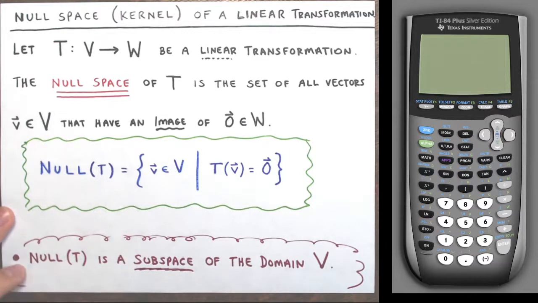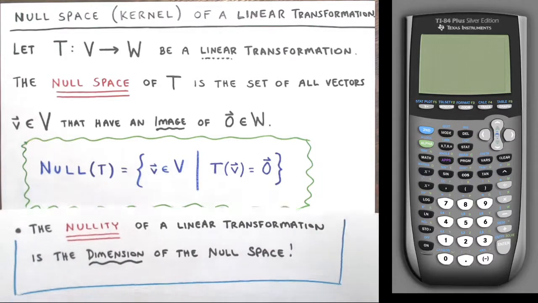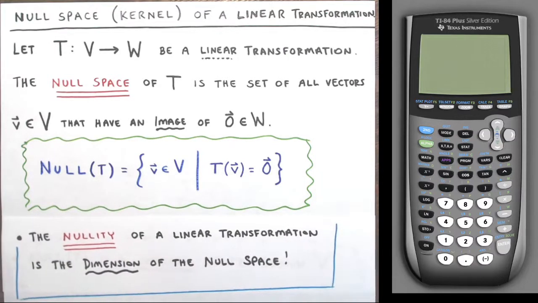And then for the word nullity, very similar to the nullity of a matrix that came up in a previous video on null space and nullity of a matrix, the nullity of a linear transformation is the dimension of the null space.